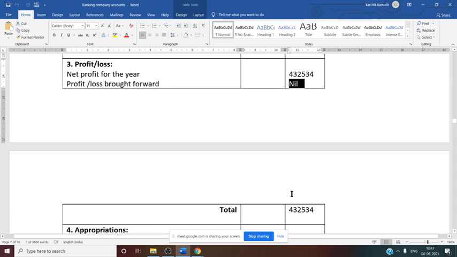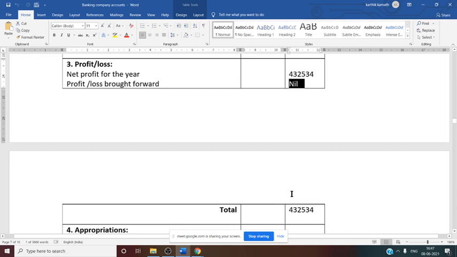Then reserves and surplus, that is schedule number 2. The total we have calculated under schedules to the balance sheet is 9,82,534. The same total you can enter here under reserves and surplus. Then deposits, schedule number 3, only one piece of information given directly in the question, that is 15 lakh. Borrowings from other banks, borrowings from Vijaya Bank, that is 7 lakh rupees, schedule number 4.